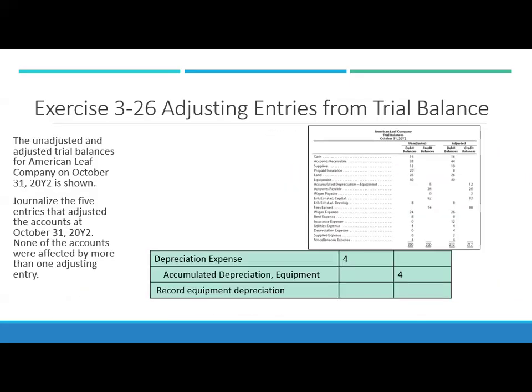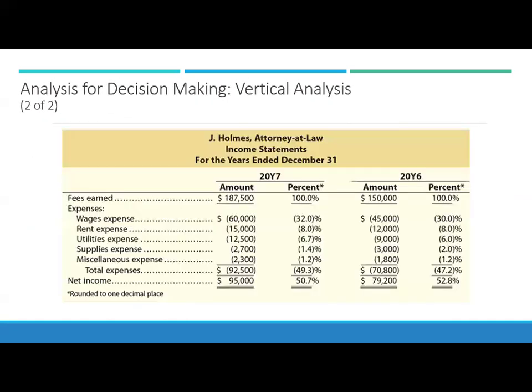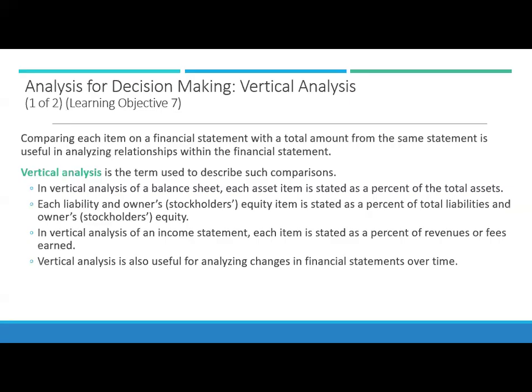So now we'll get into some vertical analysis of financial statements. Vertical analysis is taking every item in the income statement and the balance sheet as a percentage of a total. So revenue in the income statement, everything is taken as a percentage of total revenue. On the balance sheet, everything is taken as a percentage of total assets.